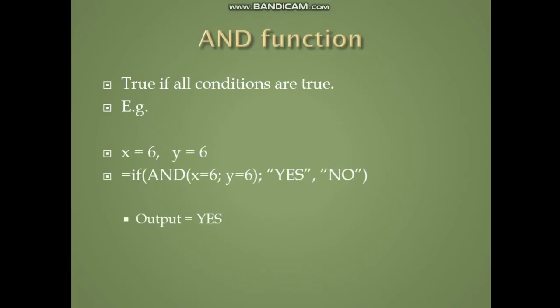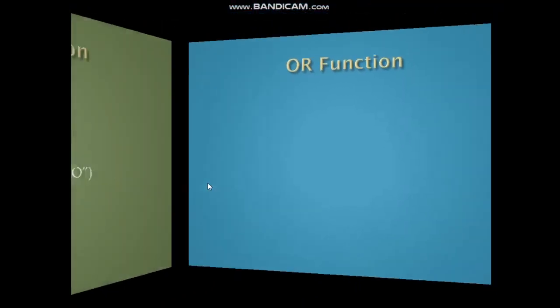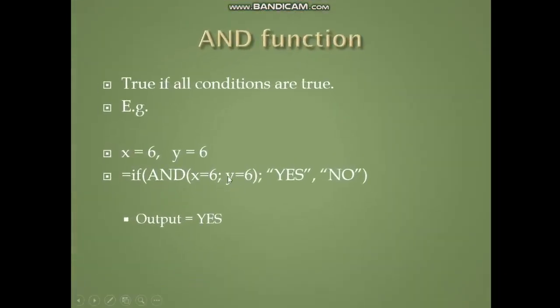So if x is equal to 6 and y is equal to 6, with both conditions true, then whatever we write in the true section, I have written yes, will be executed. But students, please notice that if we give y a value other than 6, then both conditions are not true, so that part will not be executed. So this is the AND function.